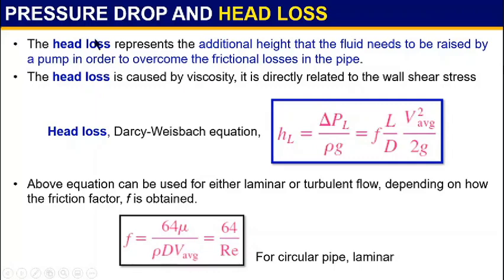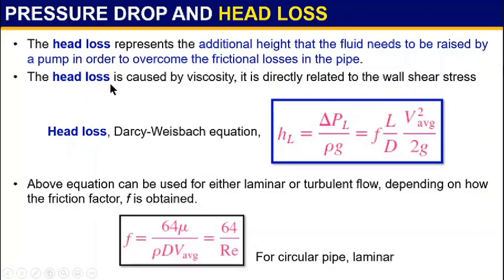So head loss is one parameter that is important for us to know how much the height of the fluid needs to be raised in order for the pump to overcome the frictional loss in the pipe.